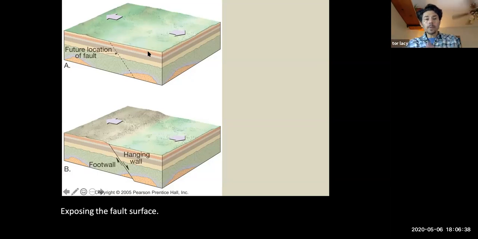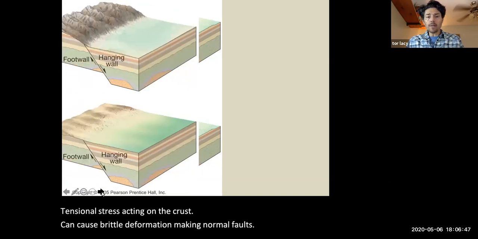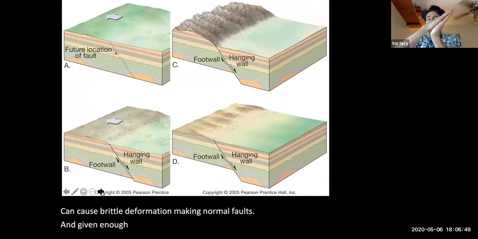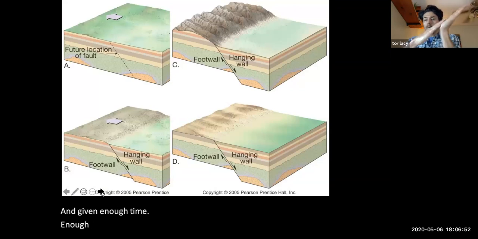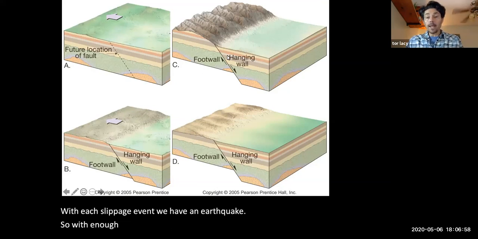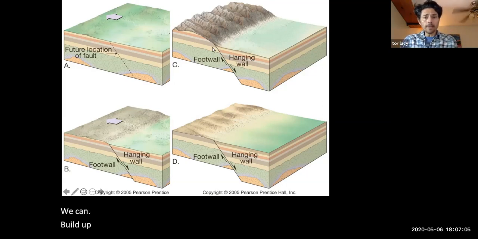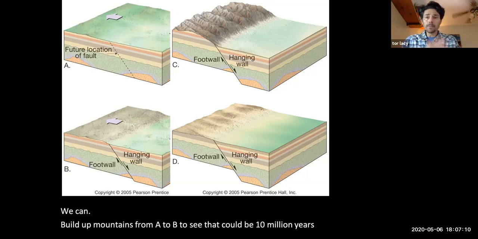Tensional stress acting on the crust can cause brittle deformation, making normal faults. Given enough time and enough slippage, with each slippage event we have an earthquake. So with enough time and enough earthquakes, we can build up mountains from A to B to C. That could be 10 million years of time.